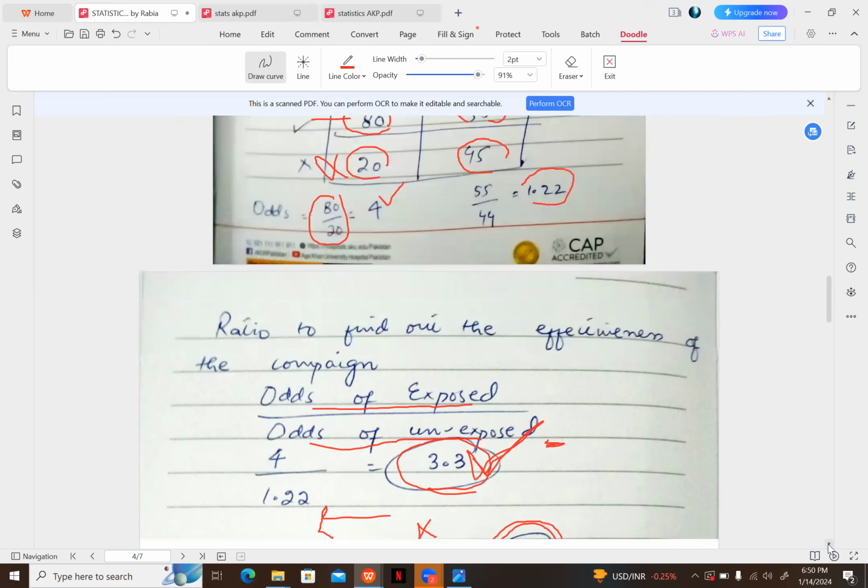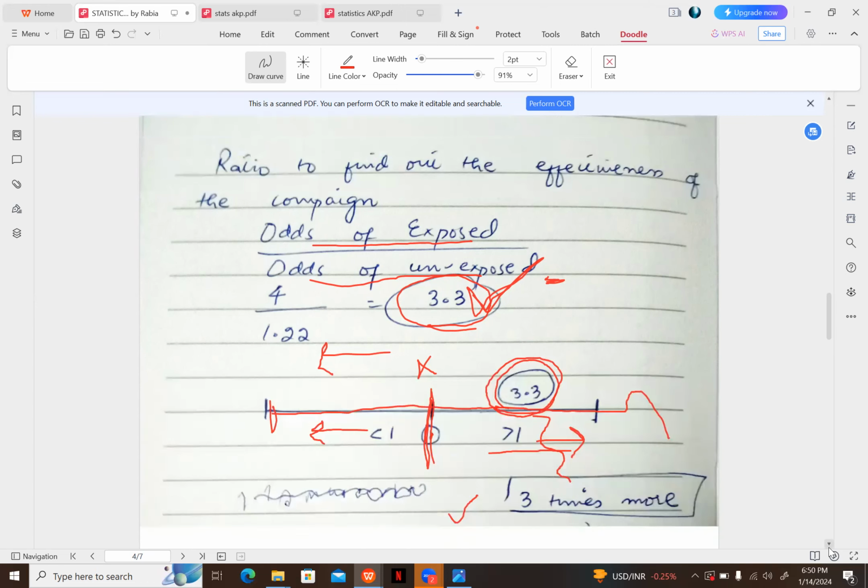Yes, clear. Okay, so in the exam, whenever they give you a study, just straight away go to the results and see what they have given. Either it's odds ratio, or relative risk, which is also the same. I will also give you an example in a while. See whether it is 1, more than 1, or less than 1, and then interpret.